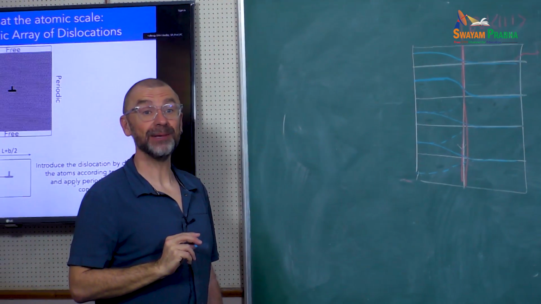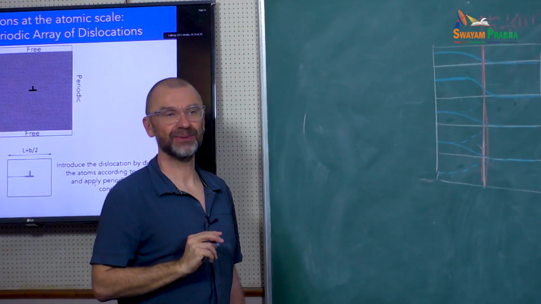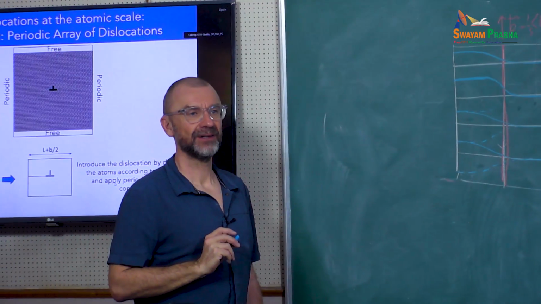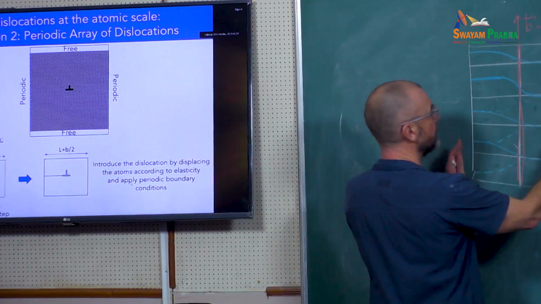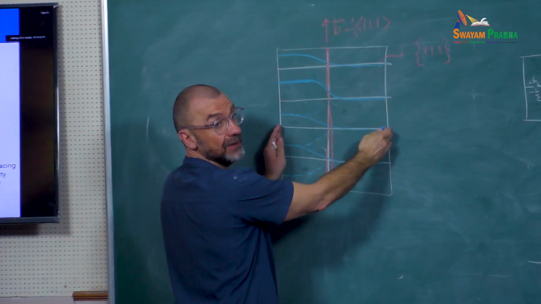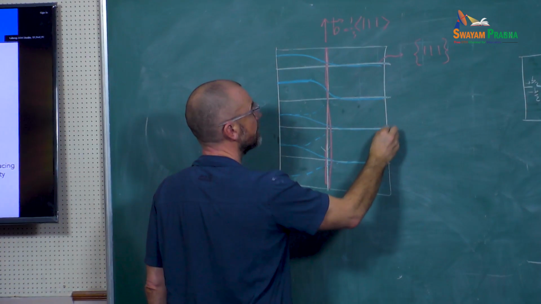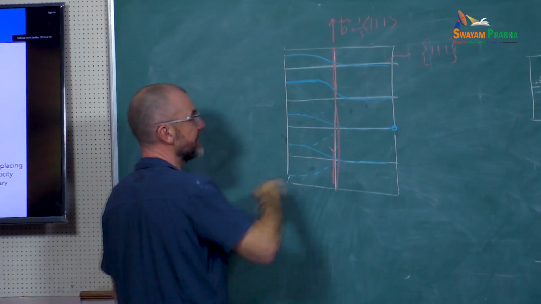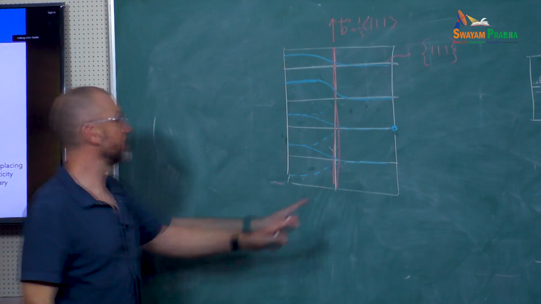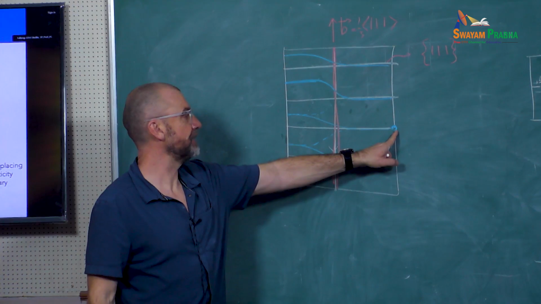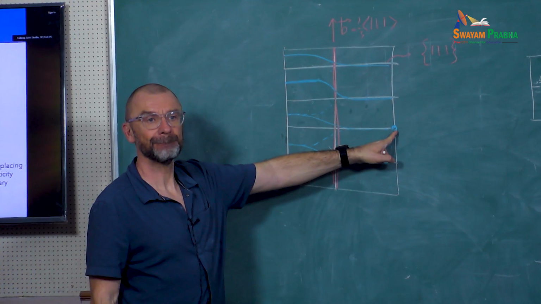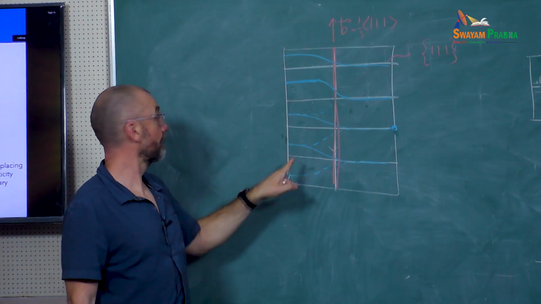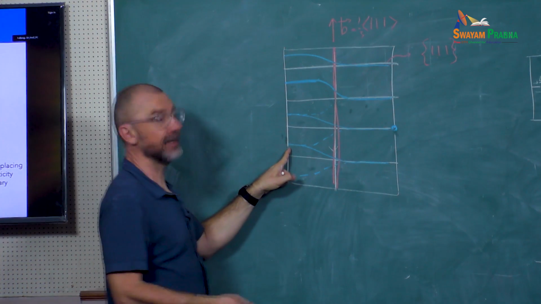Now if I want to apply periodic boundary conditions, what can I do? I want to have periodic boundary conditions from here to here. So I want to connect an atom which is here with a neighbor on the other side. With which neighbor do you think I can connect that atom? Actually, I can choose.